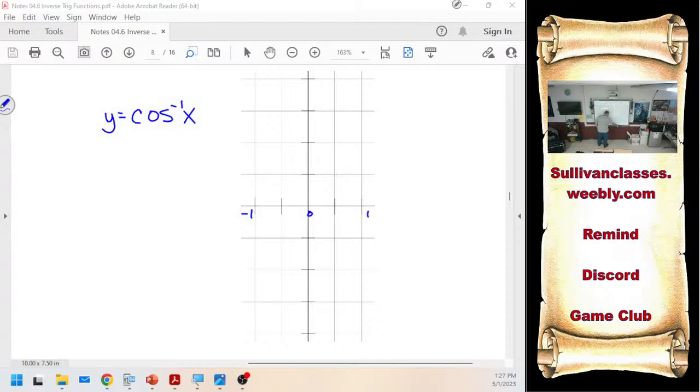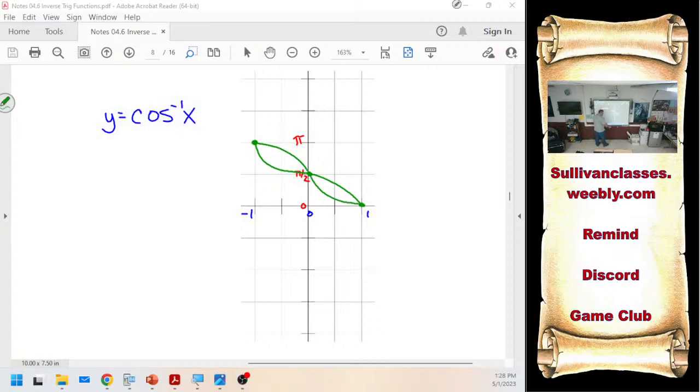So I'll go from 0, here's pi over 2, here's pi, and we go from negative 1, pi, 0, pi over 2, 1, 0, but you try to keep it curvy. Does it curve down like this, or does it curve out like this?